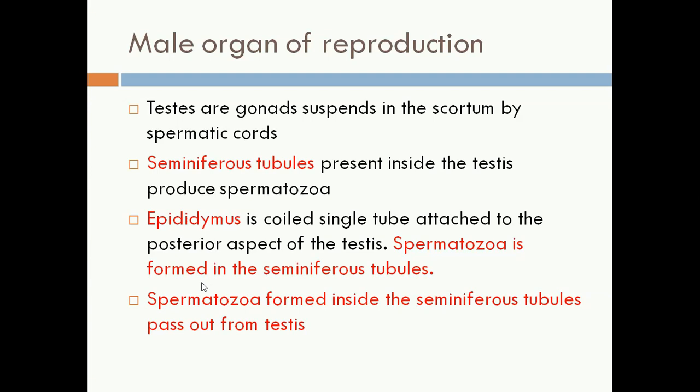The testis is like a sac suspended in the scrotum by means of the spermatic cord. Within the testis are coiled tubules, which we call seminiferous tubules. The spermatozoa are produced in the seminiferous tubules, and from there they are passed out.